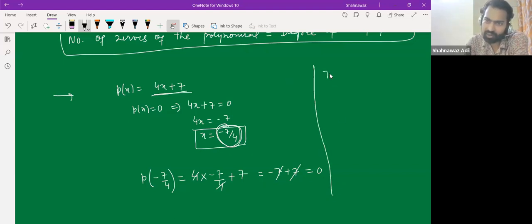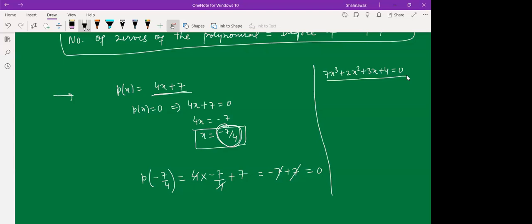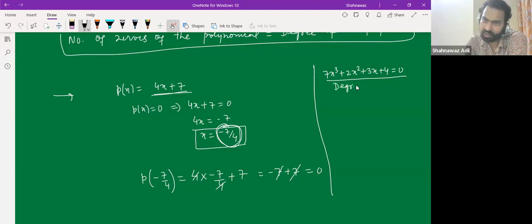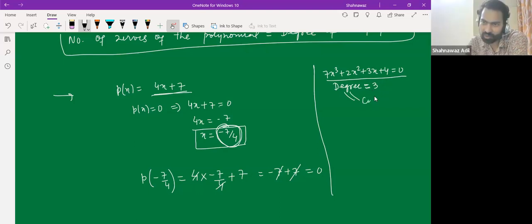So let's say that I have this equation. What is the degree of this equation? Degree is 3, which means that this is a cubic equation, right?